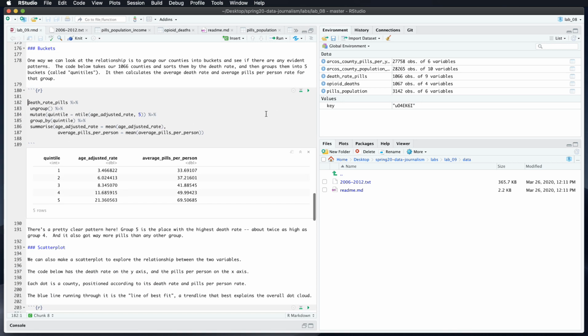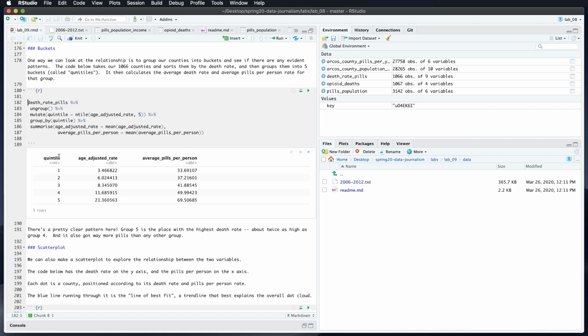Okay. So what I've done here is I have taken all 1,000 counties and sorted them based on their death rate, and then grouped them into 5 buckets so that the counties with the most similar death rates are lumped together.